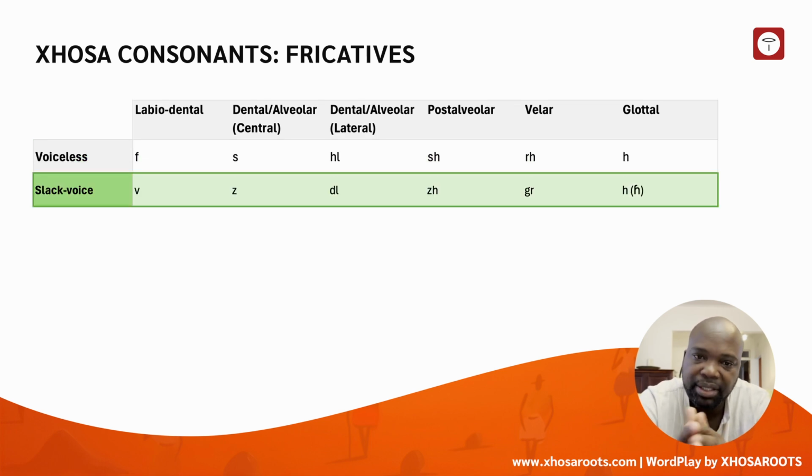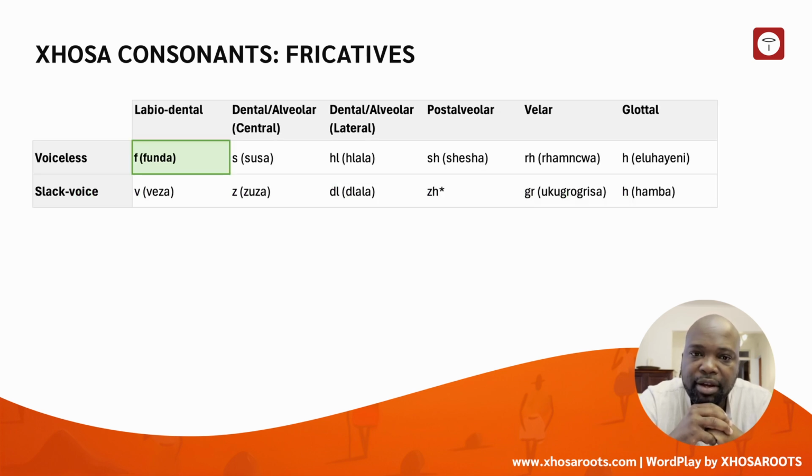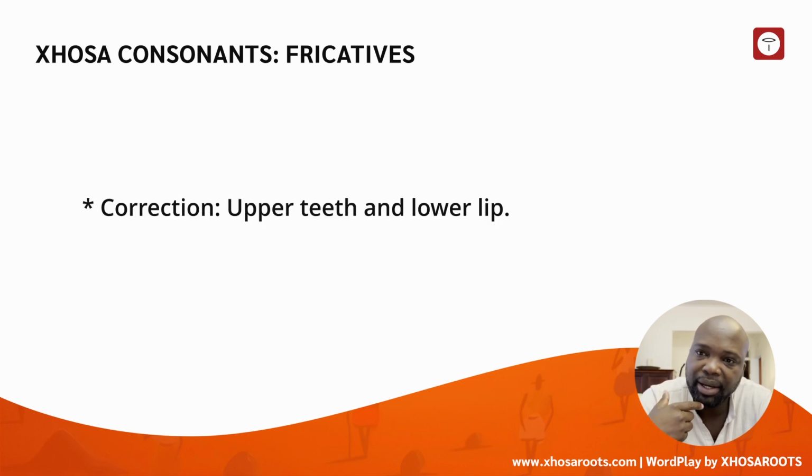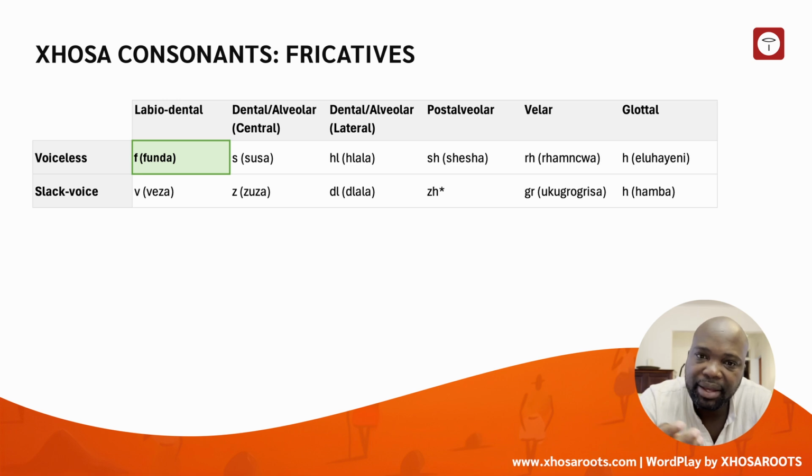And now let's look at the labiodental fricatives. That's the voiceless. So as you can see, it's labiodental, meaning that you have your upper lip and your lower teeth involved in making the sound.